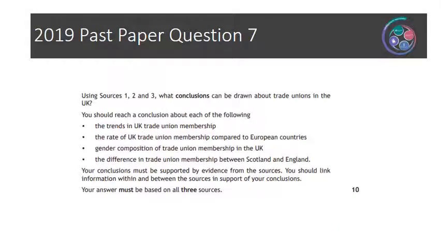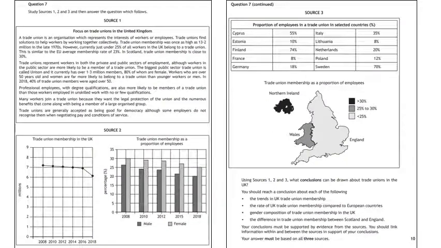We're now going to very briefly talk about another conclusions question, this time the 2019 SQA past paper question 7. And you can see once again you need to make conclusions about 4 bullet points. Taking a step back again to have a look at what this question might look like in an assessment, you can see clearly that there are 3 sources that you need to make 4 conclusions about.